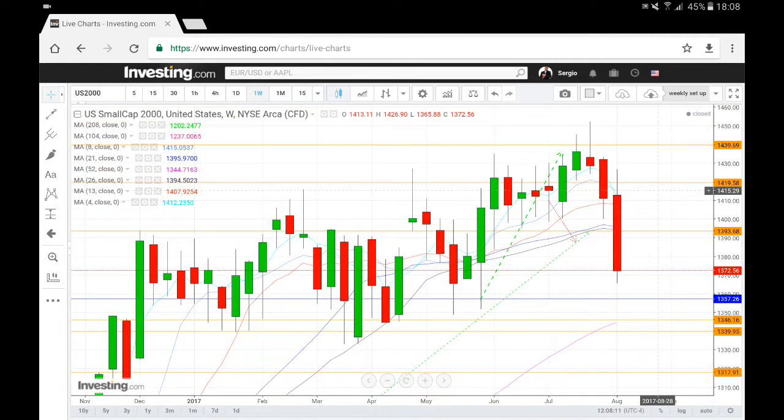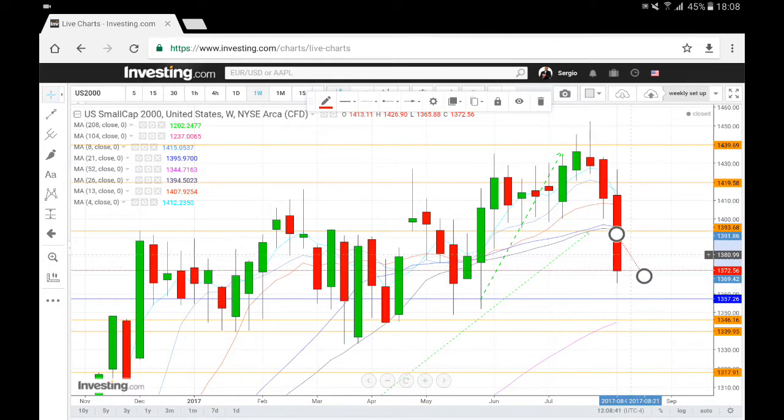You see over here a convergence between the 4 week moving average and the 8 week moving average. Over here we have your 13-week moving average. I was expecting more moves toward the downside, below the prior candle. And now you see here a huge bearish candle. Here you have your 21 week and 26 week moving averages, price below those moving averages, and now going in the direction of the 52 week moving average at 1345 points.